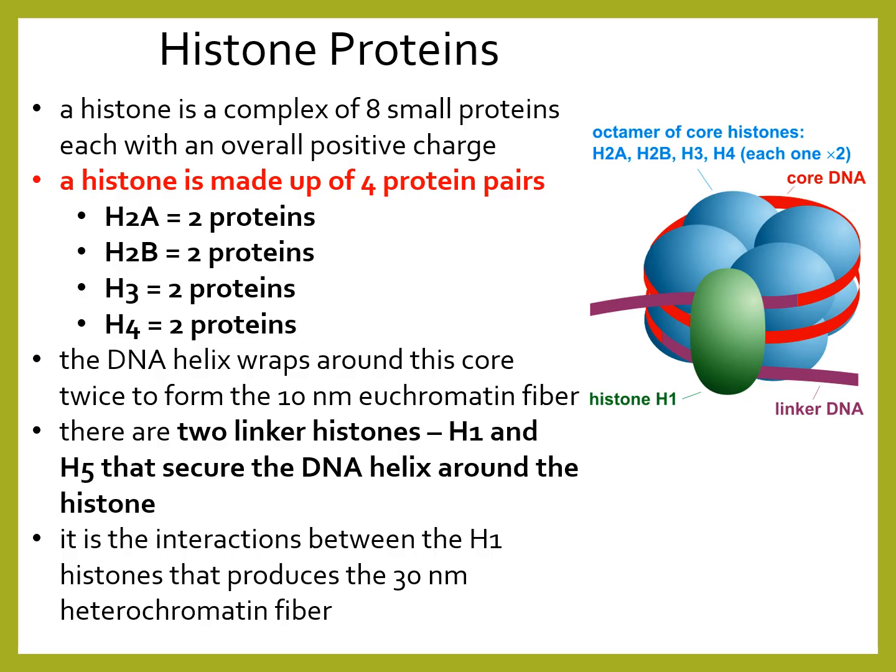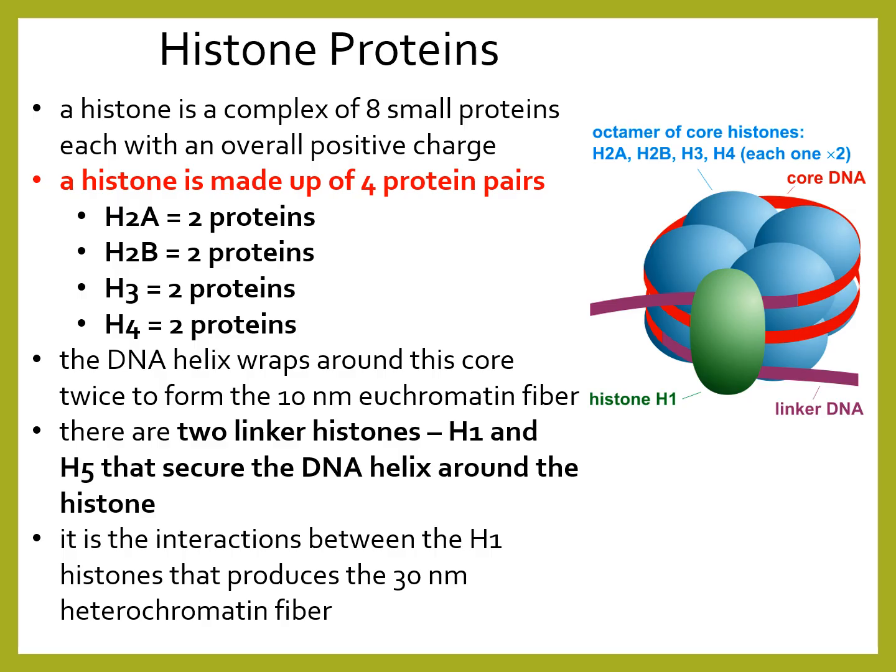The histone is said to be an octamer because it is made up of those 8 small proteins. Specifically, a histone is made up of 4 pairs of proteins. There are 2 histone proteins called H2A, 2 proteins called H2B, 2 proteins known as H3, 2 proteins known as H4. So 2, 2, 2, and 2. You've got 8 proteins which come together.